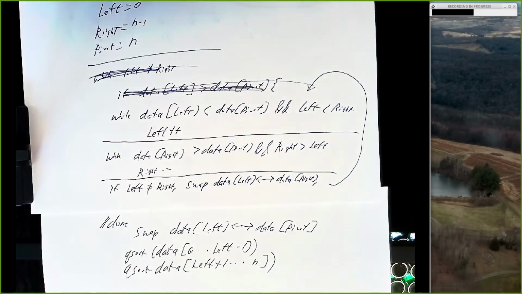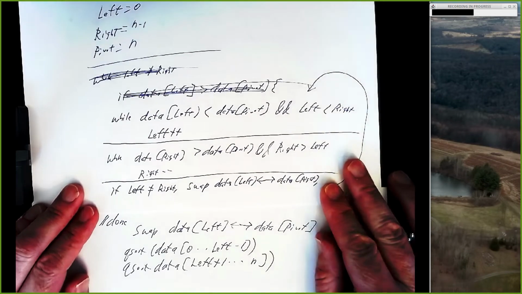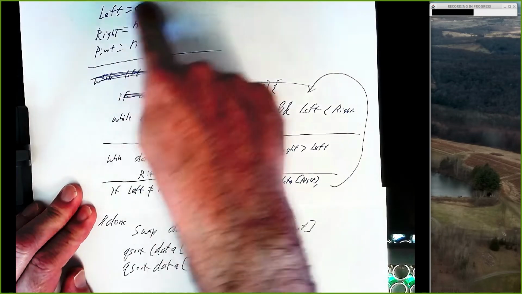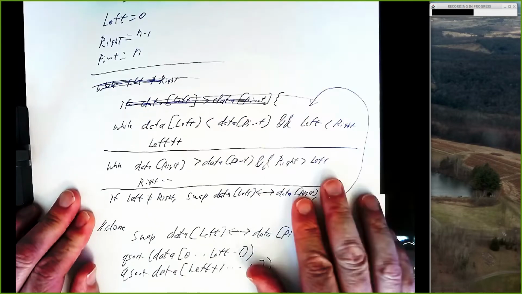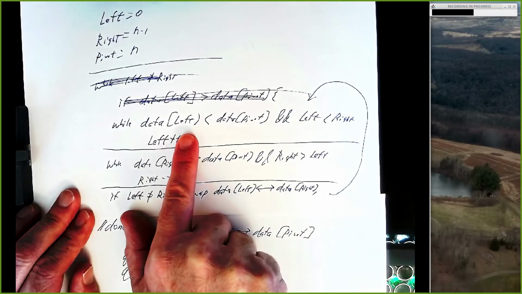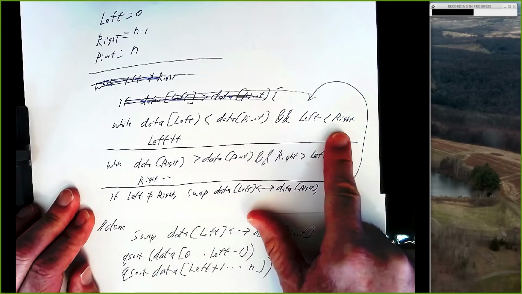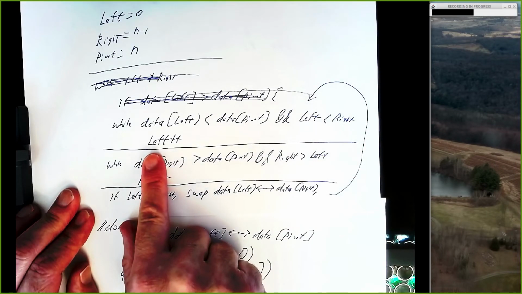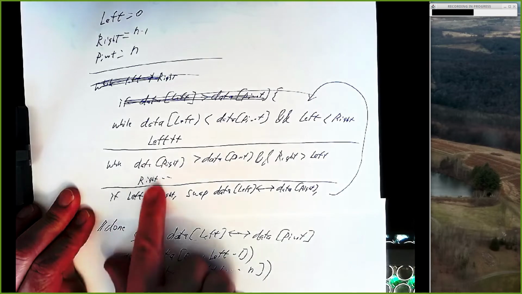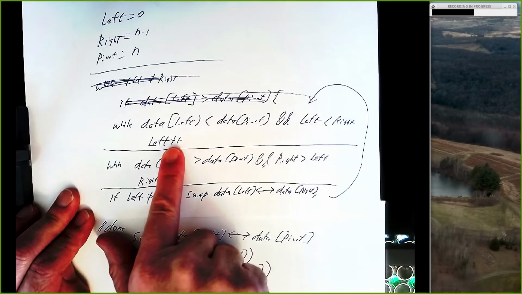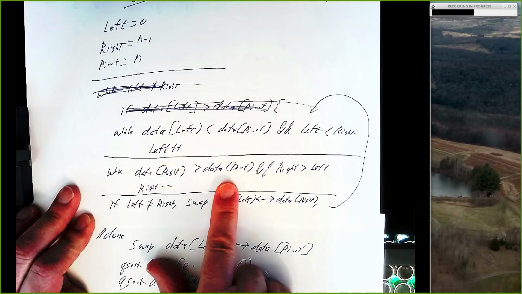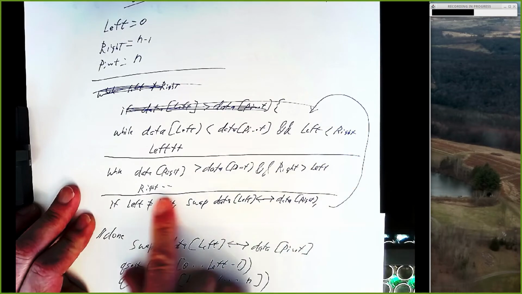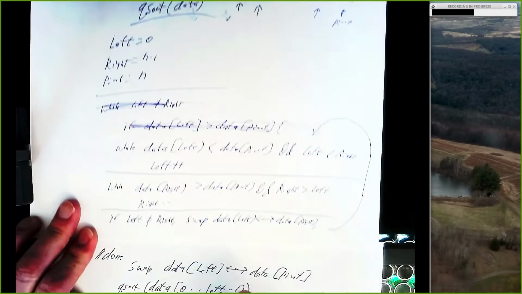So this is obviously not C code, but this is a description of the algorithm, right? Start from left equals 0, right equals the thing on the end of the array, pivot's the last element. While the left arrow's pointing to something smaller than the pivot, and we haven't hit the right arrow, just move the left arrow over. Once we leave that loop, iterate as long as the right arrow is pointing to something bigger than the pivot, and the right arrow hasn't hit the left arrow, keep moving the right arrow to the left.